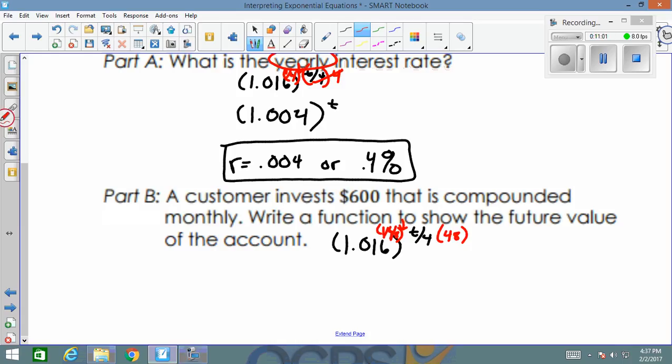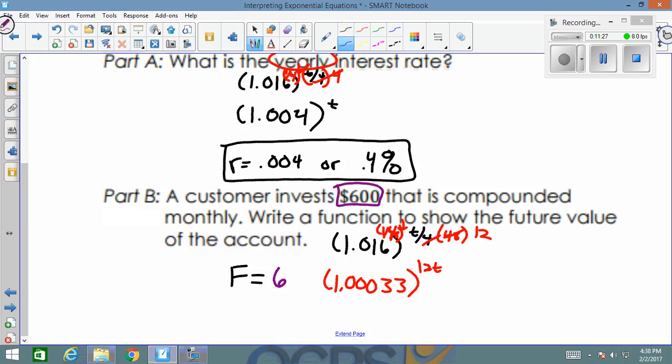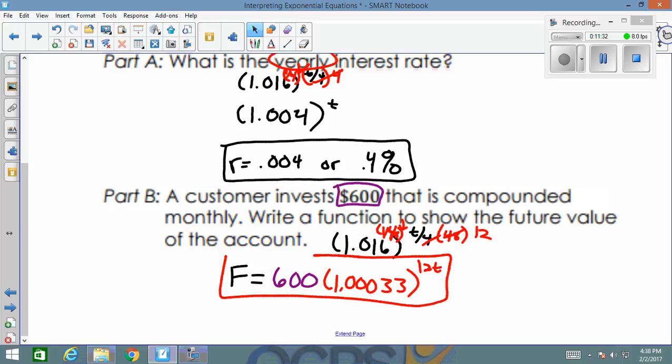Okay, so we're going to do 1.016 raised to the 1 divided by 48, and I get 1.00033. That's going to be to the 12t. That's going to give me 12 there. Okay. Our principal, or our initial, is right here, $600. So it's 600 times that. There is our function for the monthly.